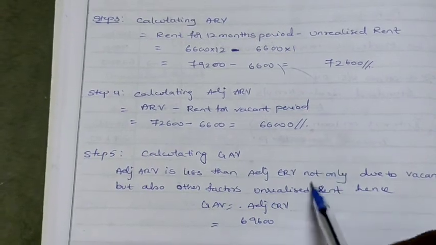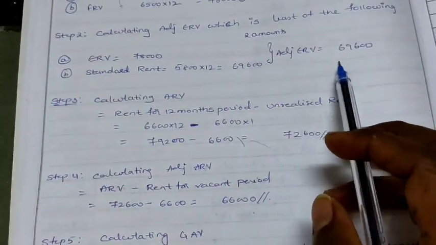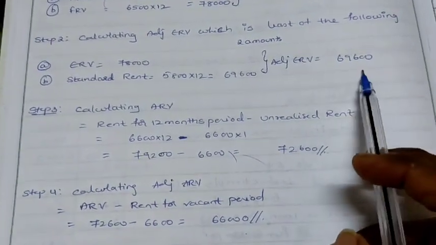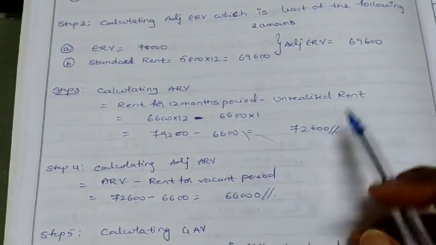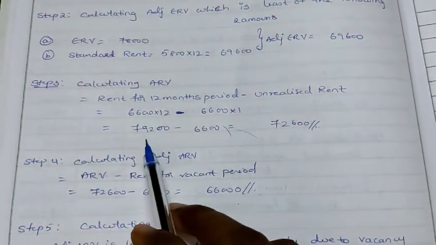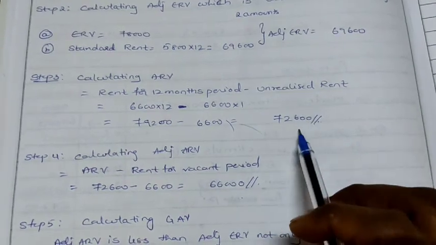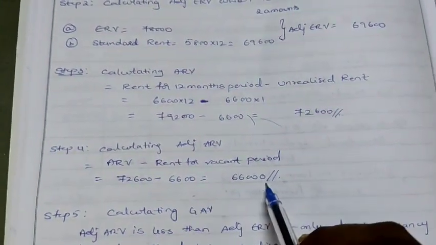Next, we have to calculate the GAV. Here we have to compare with the adjusted ERV. If unrealized rent and vacancy were not there, the ARV would be 79,200. Due to unrealized rent it has been reduced to 72,600, and due to vacancy it has reduced to 66,000.